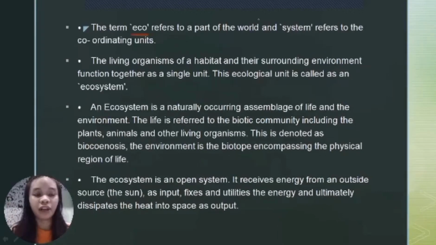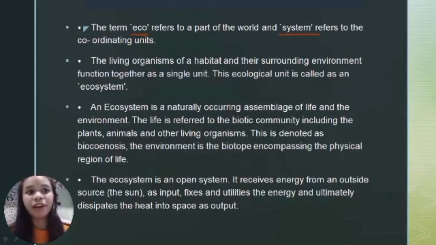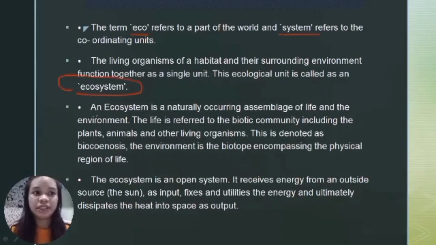The term eco or yung word na eco sa ecosystem, it refers to a part of the world, and yung system means coordinating units. The living organism of habitat and their surrounding environment function together as a single unit, and it is called an ecosystem.